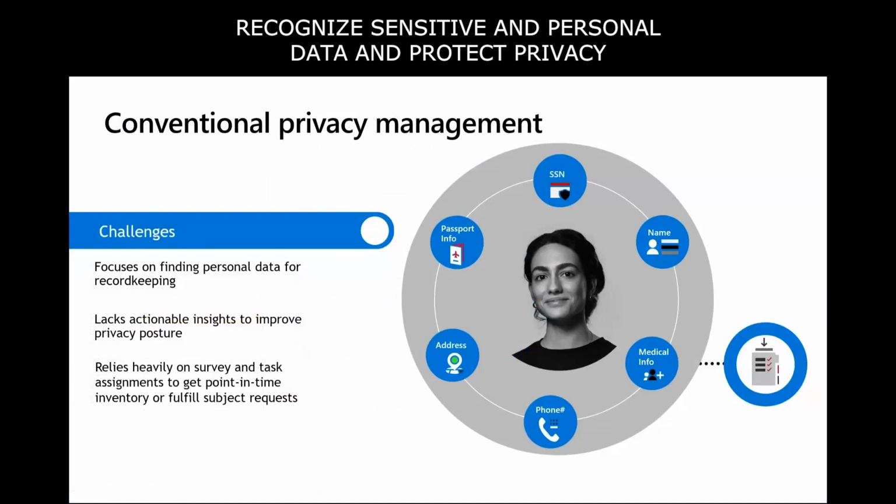It is very manual, Excel based or survey based. They will send a document to HR or to a project team asking, are you taking any PII data? Are you storing it? Where and how are you storing it? All that information is gathered manually. Those are some of the unique challenges.